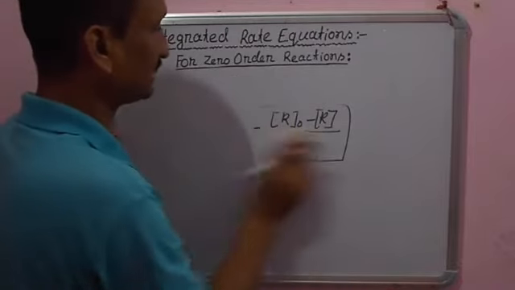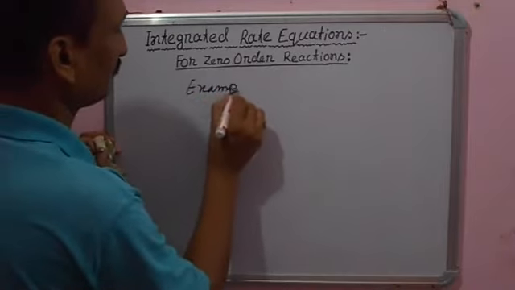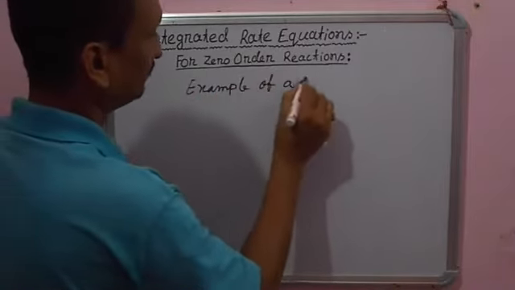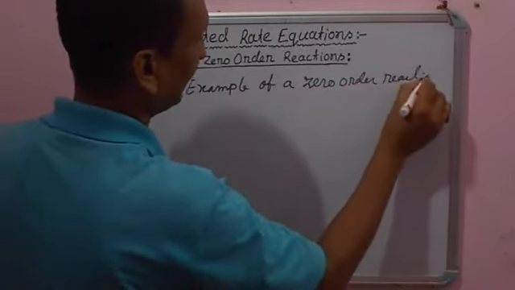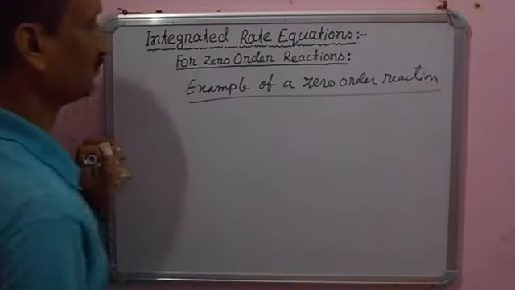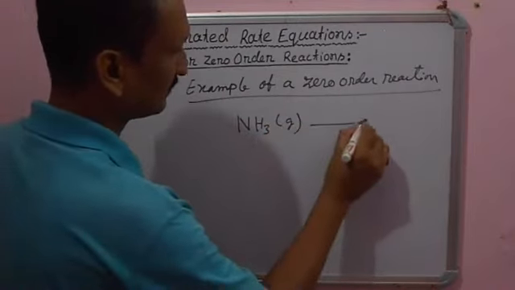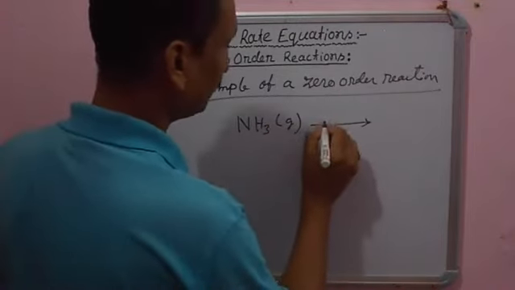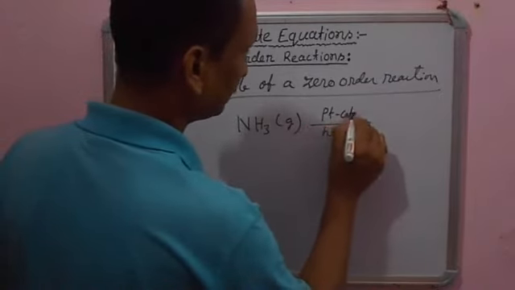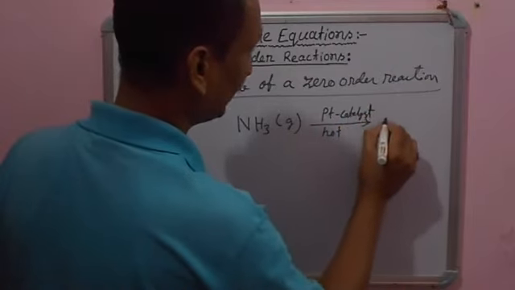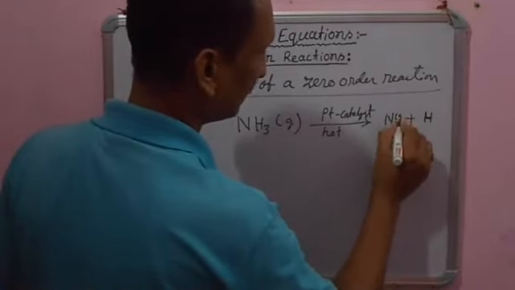We will see one example of a zero order reaction. One example is the decomposition of ammonia gas on the surface of a hot platinum catalyst to give nitrogen and hydrogen gas.